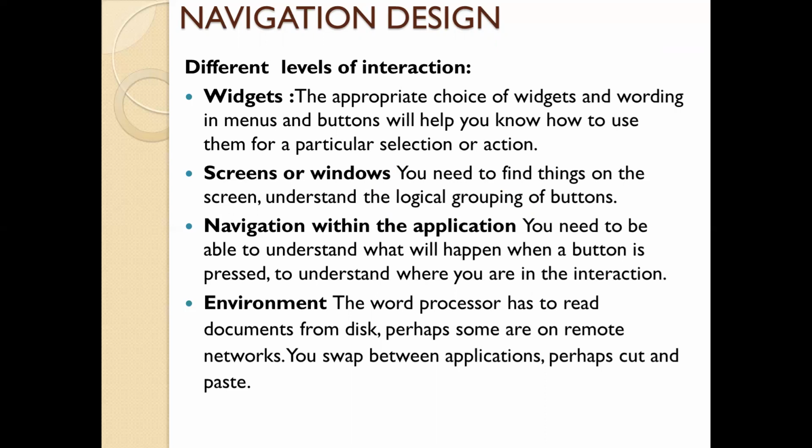Navigation within the application: you need to be able to understand what will happen when a button is pressed and where you are in the interaction. Environment: the word processor has to read documents from disk, perhaps some are on remote networks, you swap between applications, perhaps cut and paste.